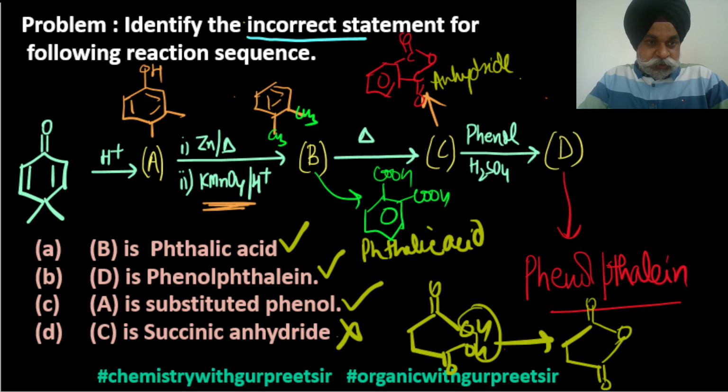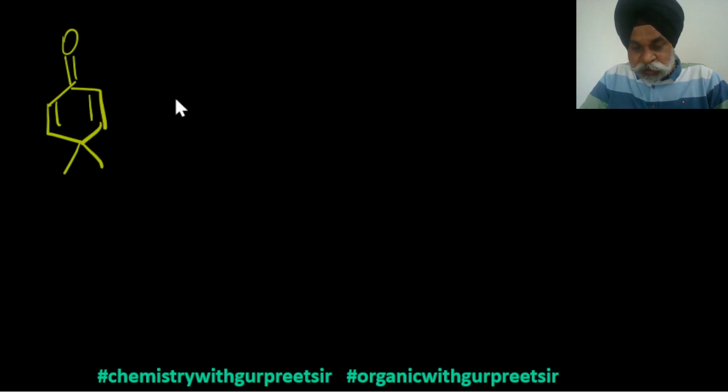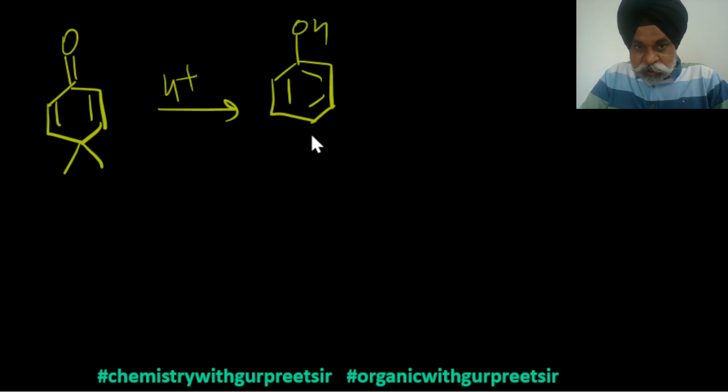Now let's do one more question on this topic only, and let me write one statement for this particular compound. You always have to remember that, just like in the first reaction, the first step of the reaction was very important because it resulted in the formation of aromatic character along with the formation of phenol, and you end up getting this type of compound.